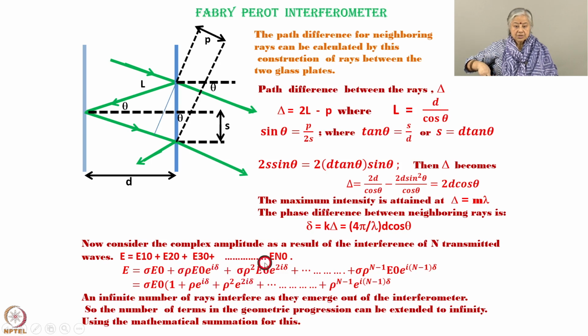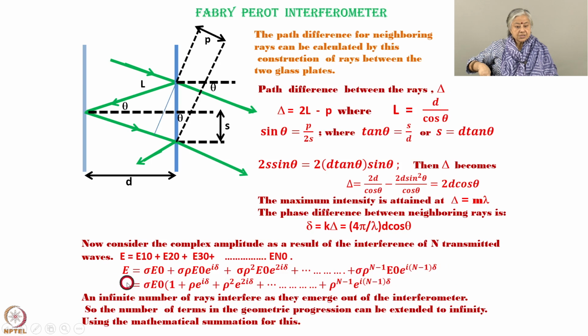Okay. So, in the second wave, the amplitude is sigma rho squared E0, and the phase part is embedded in e to the power 2i delta. Okay. So, this is my complete wave, and so it goes on until finally sigma rho to the power n minus 1 E0 e to the power i(n minus 1) delta.